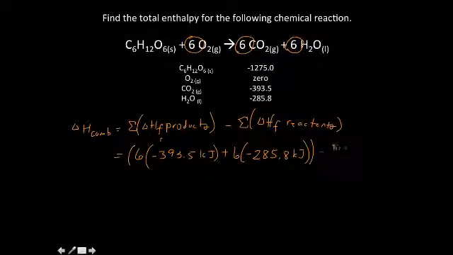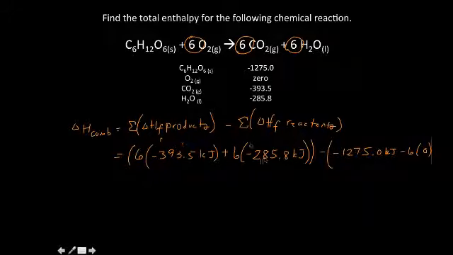And we'll subtract that entire thing from the heat of formation of glucose, which in our case is negative 1275.0 kilojoules, and make sure we put in the minus 6 times the heat of formation for O2 gas, and that's in fact 0.